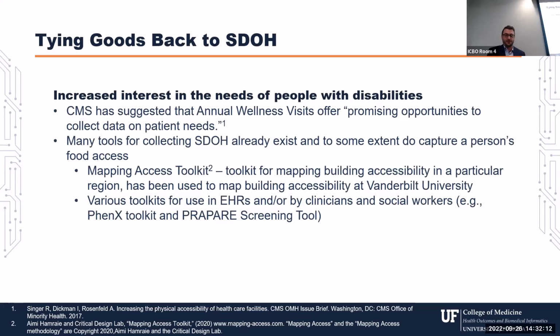There's also a research group at Vanderbilt University. They've created a mapping access toolkit, which is a methodology for actually mapping out the accessibility of buildings within your area. And they've mapped this accessibility out at Vanderbilt University.